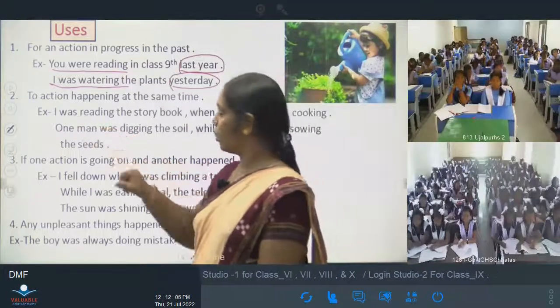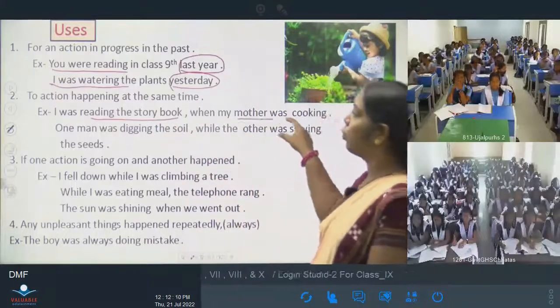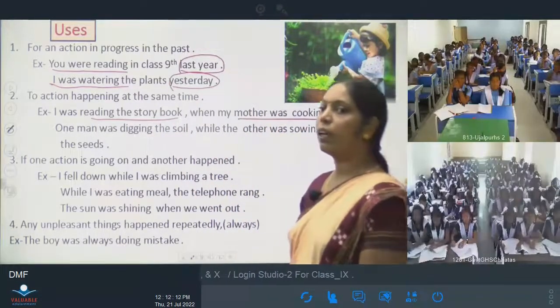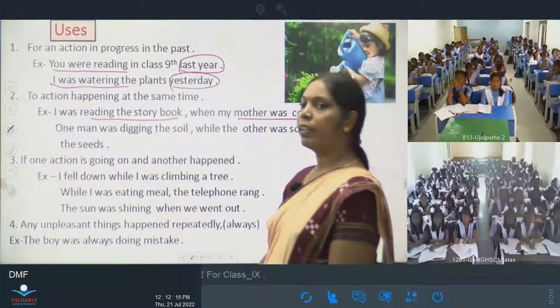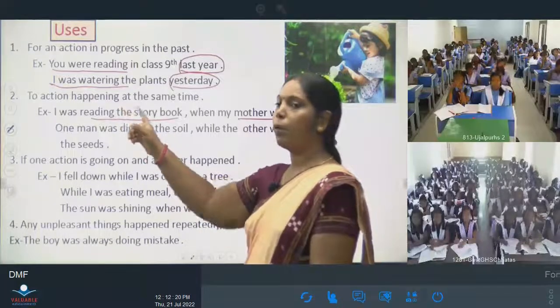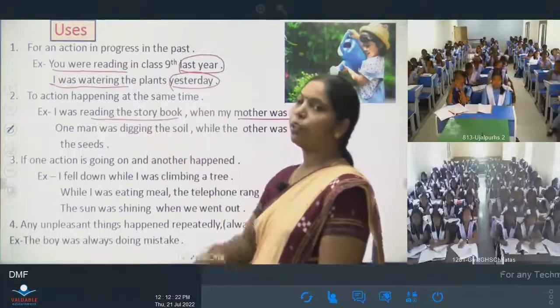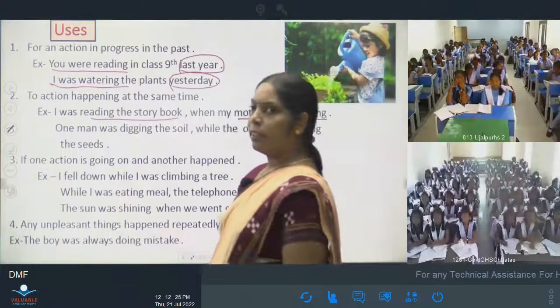So reading story book and mother's cooking was going on contemporarily. ଗୋଟିଏ ସମୟରେ ସେହି ଦୁଇଟି କାର୍ଯ୍ୟ ଚାଲିଥିଲା। ତ ସେଥିପାଇଁ ଆମେ ଉଭୟ ଠାରେ past progressive ର ବ୍ୟବହାର କରିଅଛୁ। Again, there is a clear example.